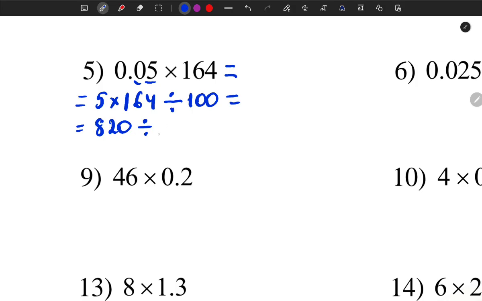And when we divide 820 by 100, our place value point is here, and I need to move our point 2 times to the left, 1, 2 here, and I get 8.2.